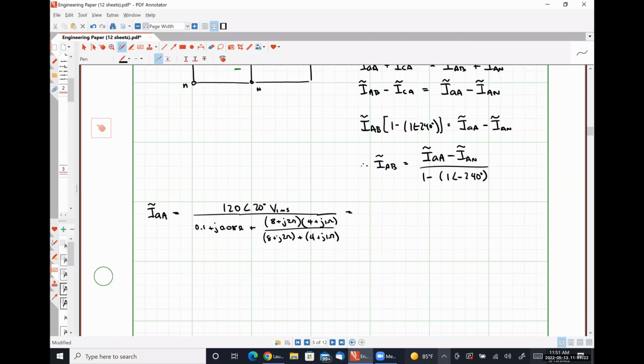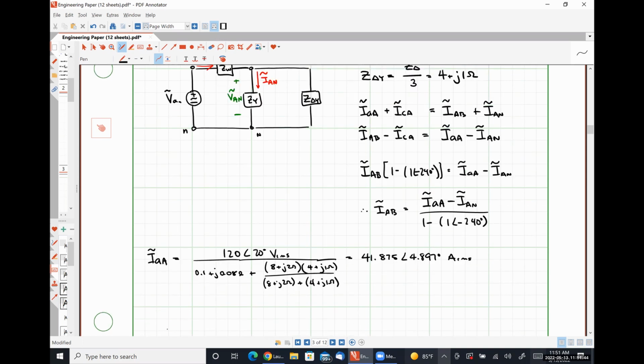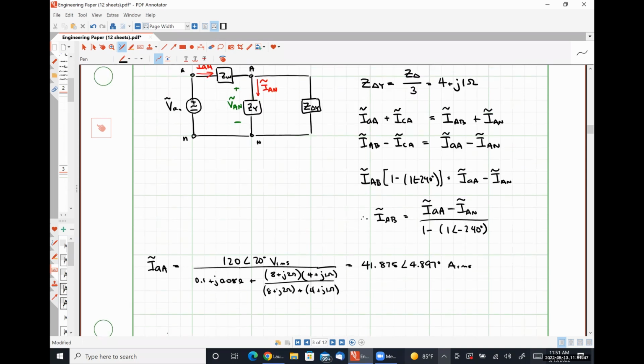And this should come out to be 41.875 with an angle of 4.897 degrees amps RMS. Right. And then obviously from here, we could get IBB and ICC, but I'm going to stop doing that for everything because it's the same way everything.